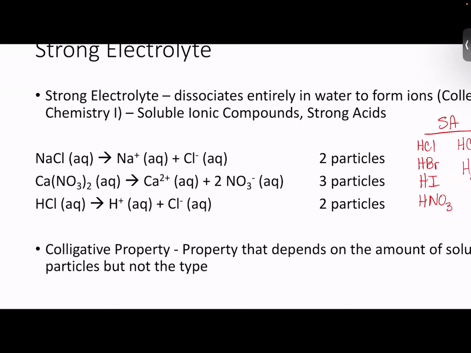Therefore, calcium nitrate dissociates to form calcium ion and 2 nitrate ions. Hydrochloric acid, which is a strong acid, dissociates entirely to form hydrogen ion and chloride ion. Meaning, there's none of this on the left in solution. What is in solution is what is on the right of these equations, and only on the right of these equations.